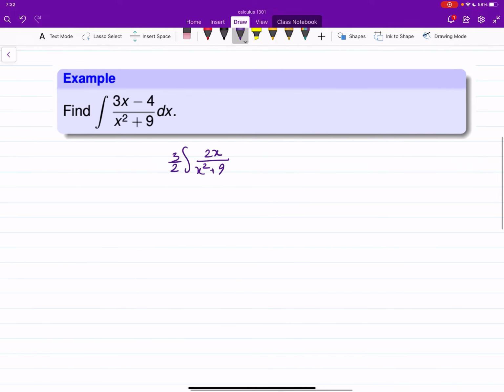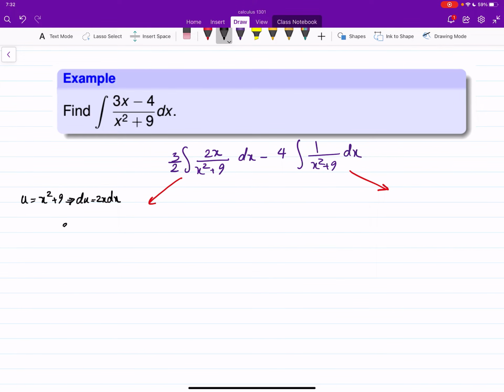That's the derivative of the denominator in the numerator. And then the rest, you split that: 1 over x squared plus 9 dx. Now we have two integrals, the first integral and the second integral. In the first integral, you see that the derivative of the denominator is in the numerator. So if you set u equal to x squared plus 9, that will give you du equal to 2x dx.